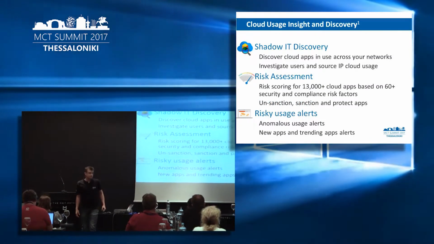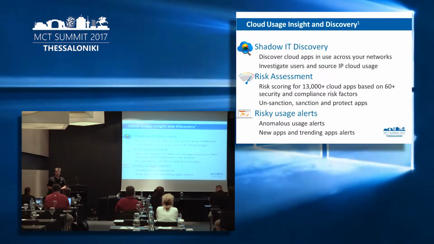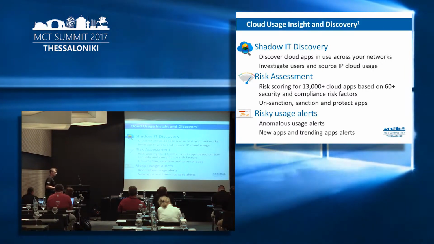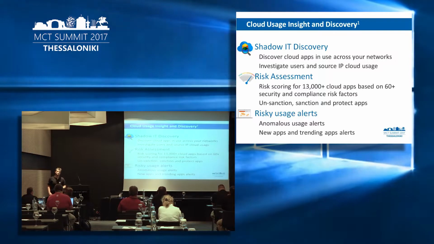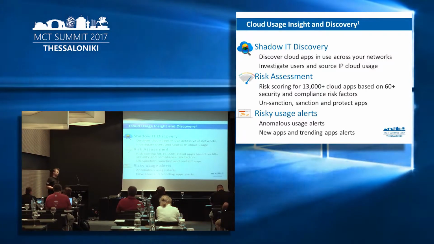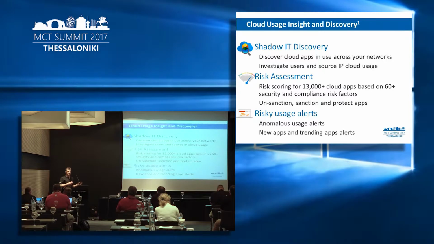So through the shadow IT discovery, you can discover whether your users are using non-approved applications. There are a lot of applications that Cloud App Security supports. Many are added daily, and you get an insight into what's going on with your data by monitoring trends.